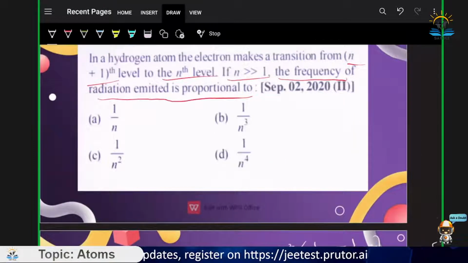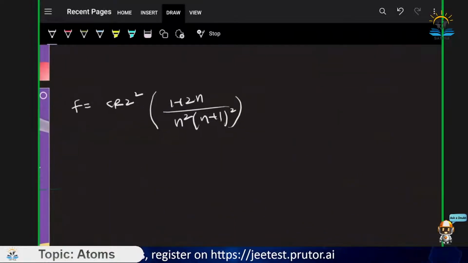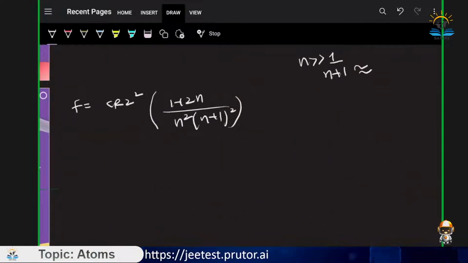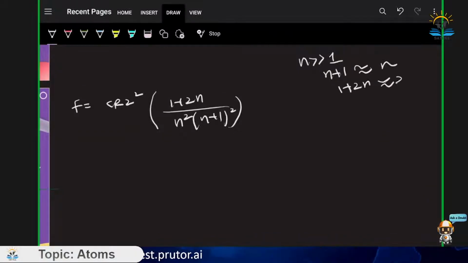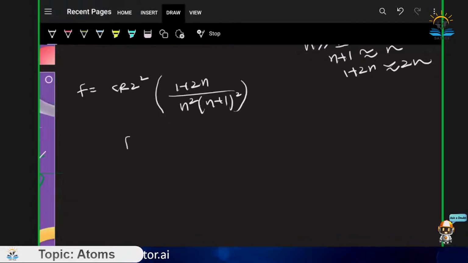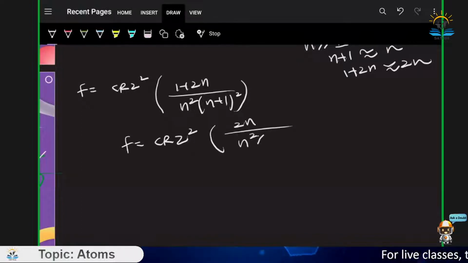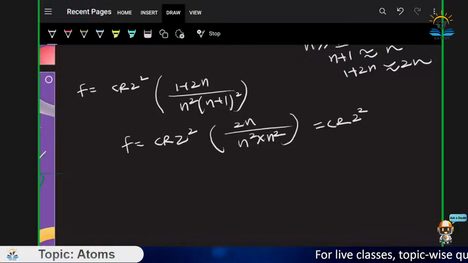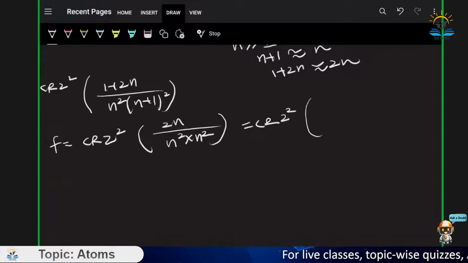In the question it is given that n is very much greater than 1. So n plus 1 we can write as n, and 1 plus 2n we can write as 2n. So frequency will be CRZ square into 2n divided by n square into n square, that is CRZ square into 2 divided by n cube.